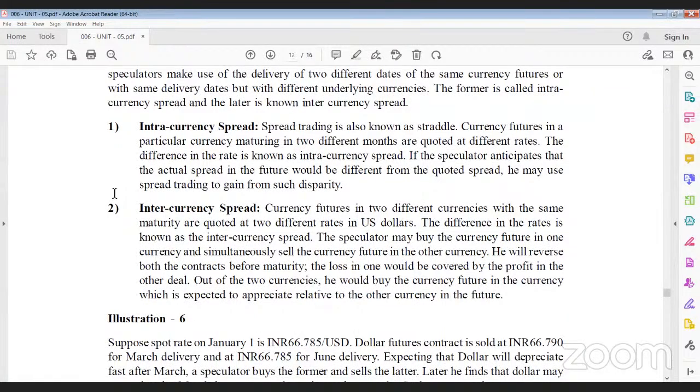Under intercurrency spread, currency futures in two different currencies with the same maturity are quoted at two different rates in US dollars. The speculator will reverse both the contracts before maturity, and the loss in one would be covered by the profit in the other. So out of these two currencies, you would buy currency futures in the currency which is expected to appreciate relative to other currencies in the future.